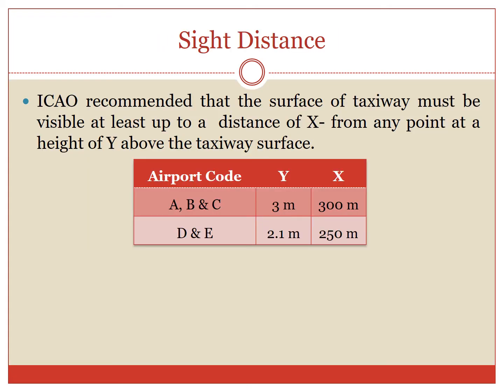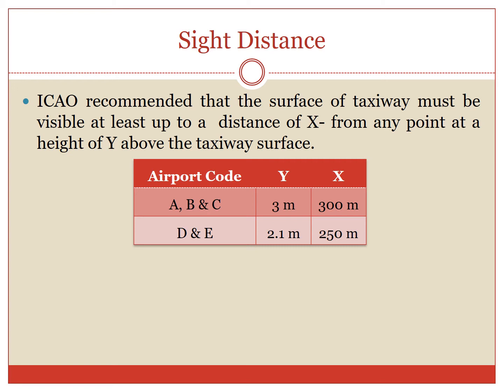Now moving across to the sight distance, as per ICAO, it recommends that the surface of the taxiway must be visible at least up to a distance X from a point at a height of Y above the taxiway surface.